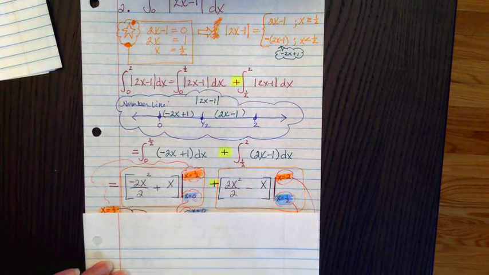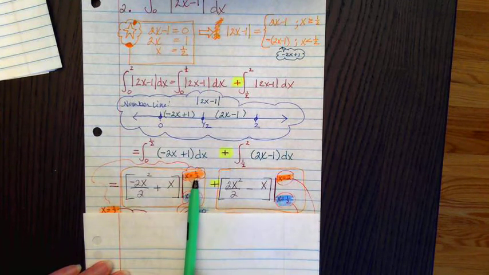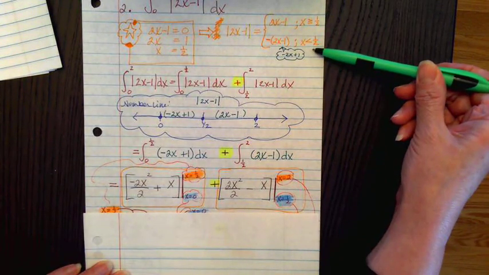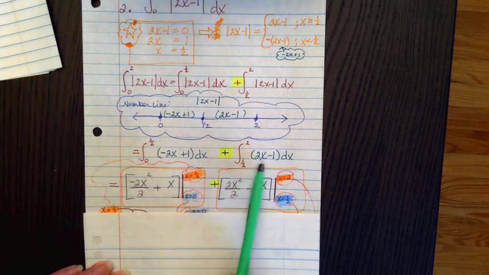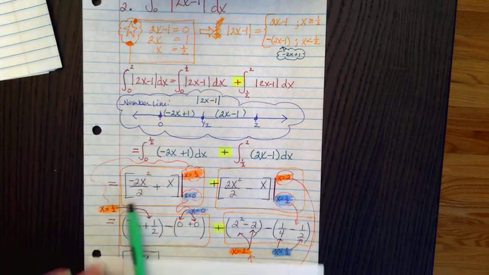This is a really important example. Make sure you understand why we've broken it into 0 to 1/2 and 1/2 to 2. Again, it came from setting the part that's inside the absolute value to 0 and solving. Then we broke the interval up and redefined the function in two pieces. From here, we just integrate, or I'm sorry, we already did the integration.